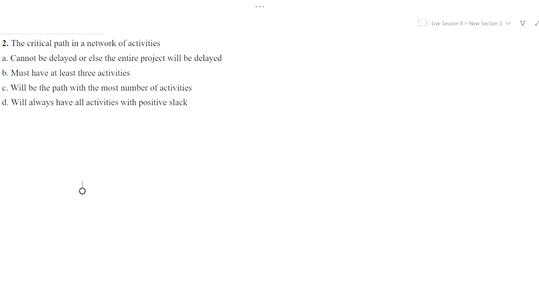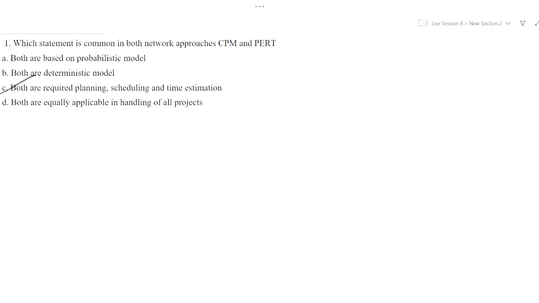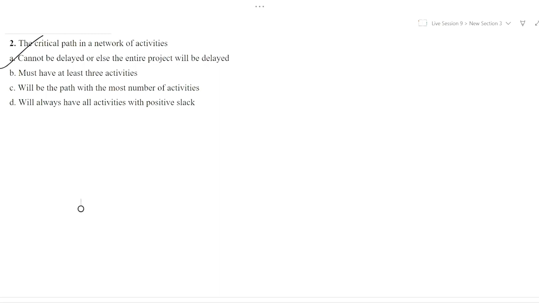If it is delayed, the entire project will be delayed. Thus, this is the correct option. And for the rest, it's not necessary that it will have positive slack, or be the path with the most number of activities, or must have at least three activities. These are not specific.